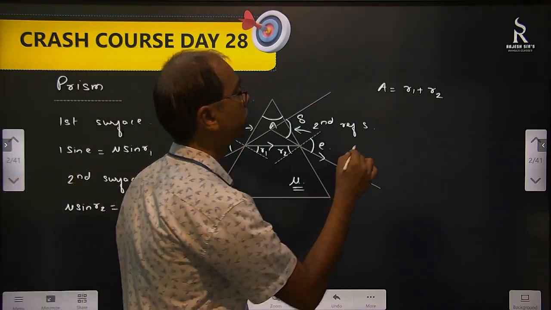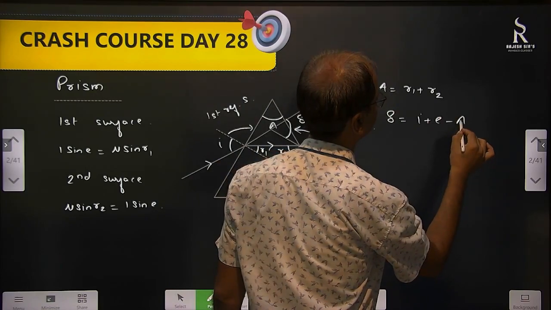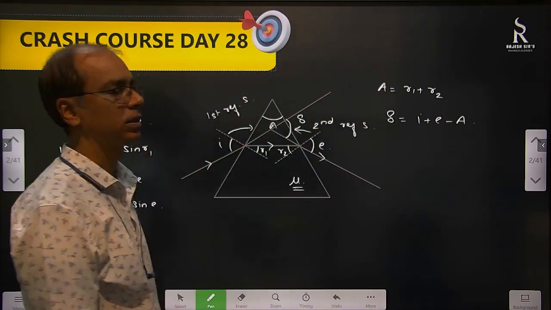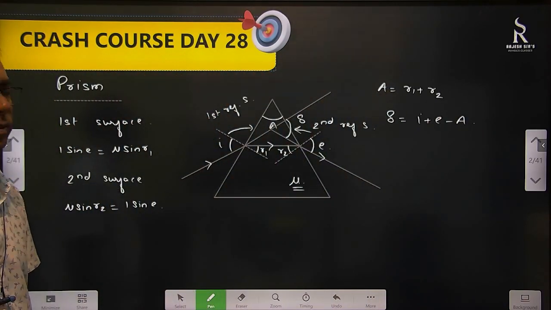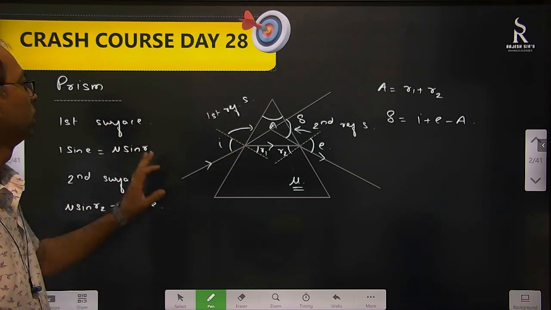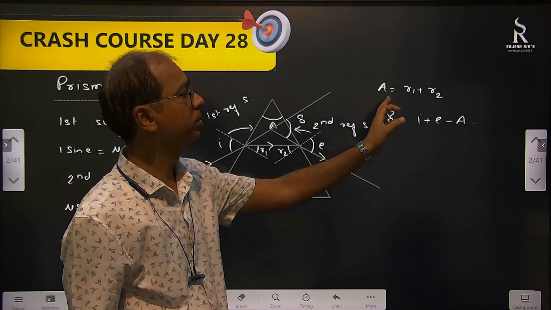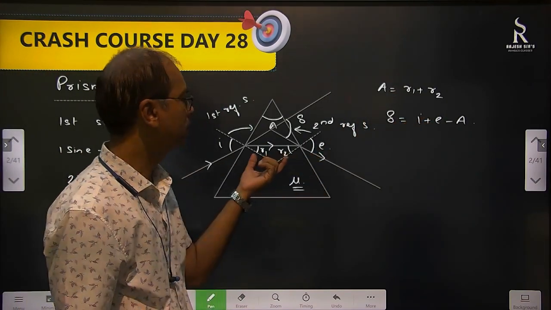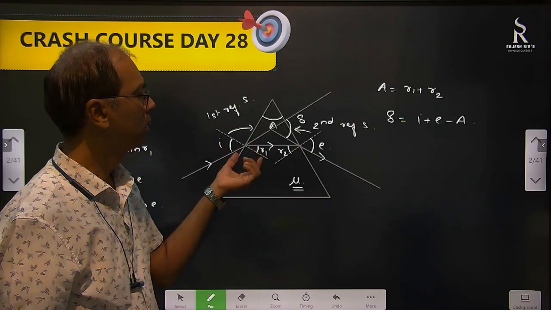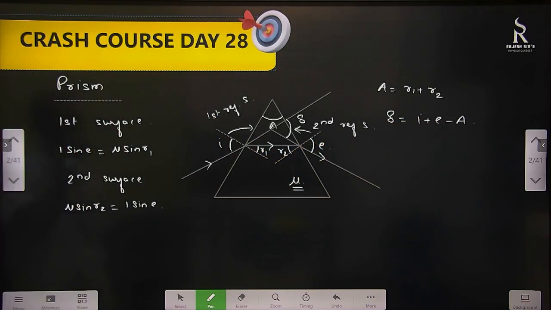And this delta value is I plus E minus A. I plus E minus A. This we have to remember. This is generally for a prism we should be knowing. First, applying Snell's law at two surfaces, then angle of prism should be equal to R1 plus R2. R1 and R2 are these. Okay, and delta is equal to I plus E minus A.